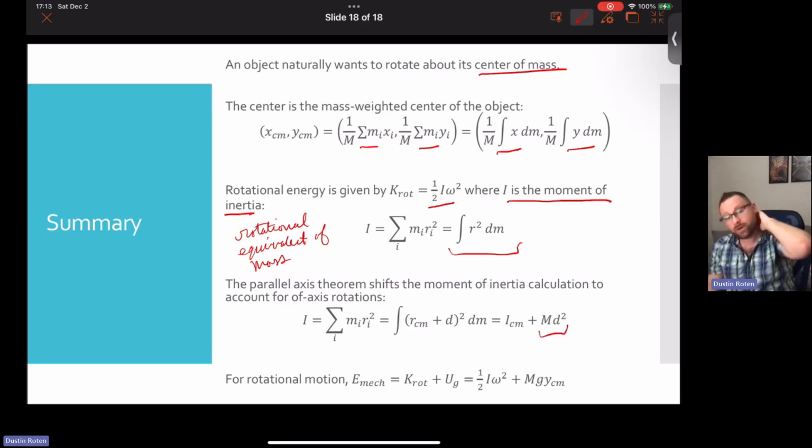And then for rotational motion, if it's off axis, the total mechanical energy is going to be the rotational energy of the object plus any changes that the center of mass undergoes during this rotation. So if it's an offset wobbly wheel, and it's spinning vertically, that object's going to jump up and jump down while it's rotating. So you'll want to include that gravitational potential energy as well.